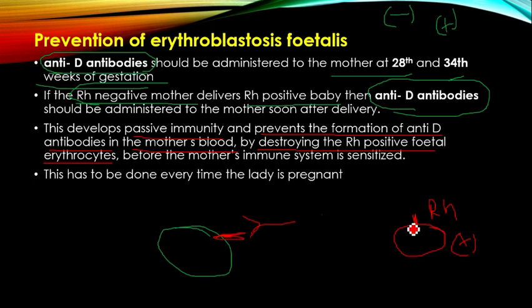If you inject anti-D antibodies, before formation of Rh antibodies in the mother, the injected anti-D antibodies go and interact with the antigens, and the fetal blood cells which are mixed in the mother blood are deactivated, means destroyed. Fetal blood cells which enter the mother blood are destroyed. Then what happens? There is no formation of Rh antibodies in the mother.